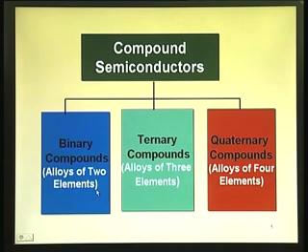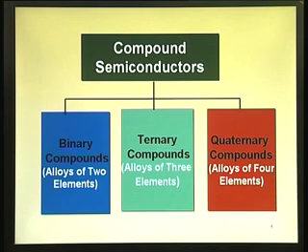It can be from any of the two groups of the periodic table. The other one is the ternary compounds. As the name indicates, it has three elements which form the compound, which form the alloy. Then you have quaternary, saying that it has four elements which are constituents of the compound. So, we have binary, ternary and quaternary compounds.